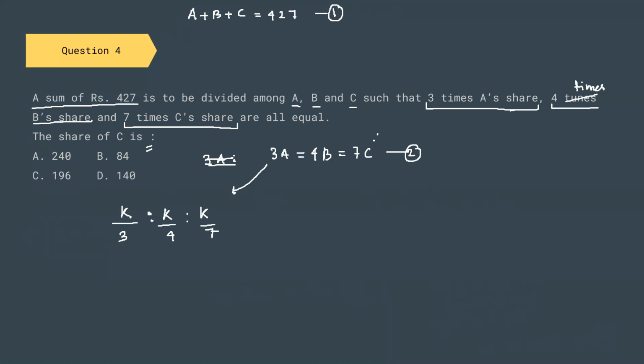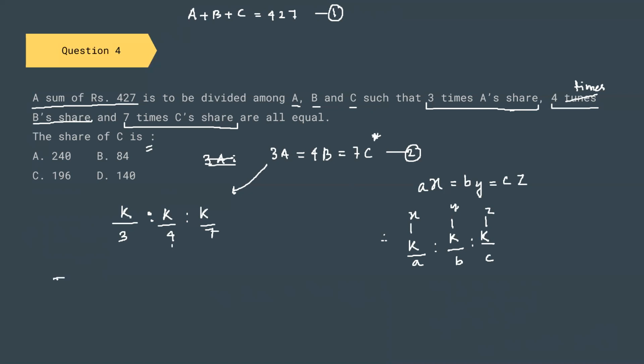If we have a relationship like AX equal to BY equal to CZ, then we can write K by A is to K by B is to K by C. This is the ratio for X, this is the ratio for Y, this is the ratio for Z. Similarly, I can write K by 3, K by 4, and K by 7.